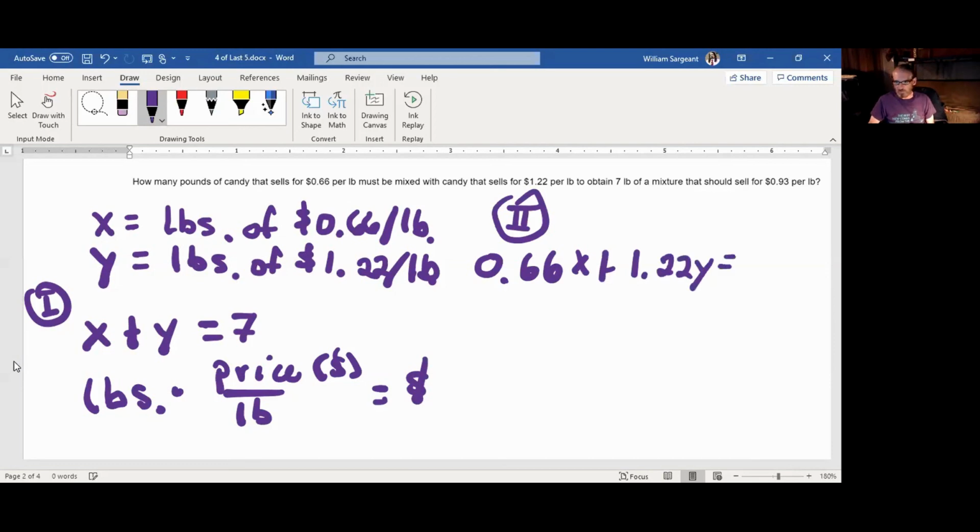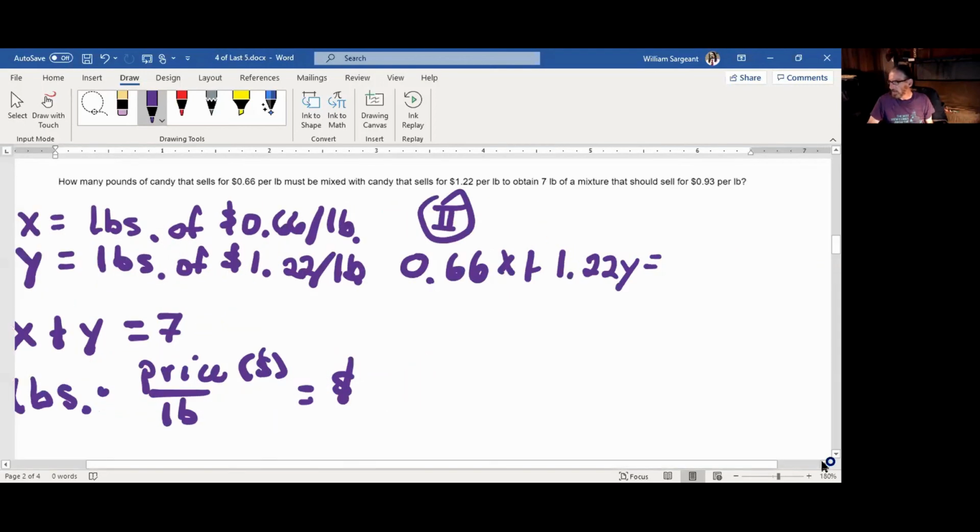And then on the other side, I cannot forget to have the 0.93 multiplied to the 7 pounds of it, so that I'm getting dollars plus dollars equals more dollars. Whereas I've heard lately, more money is more problems.